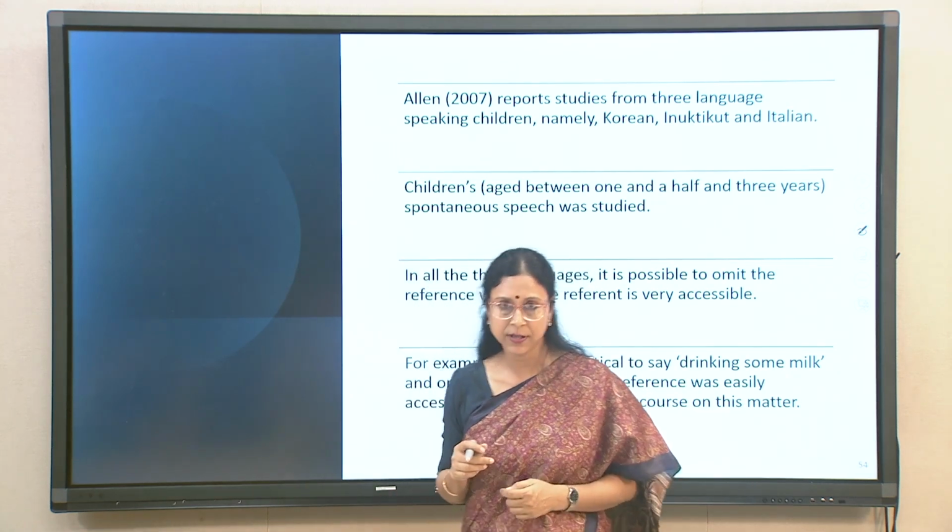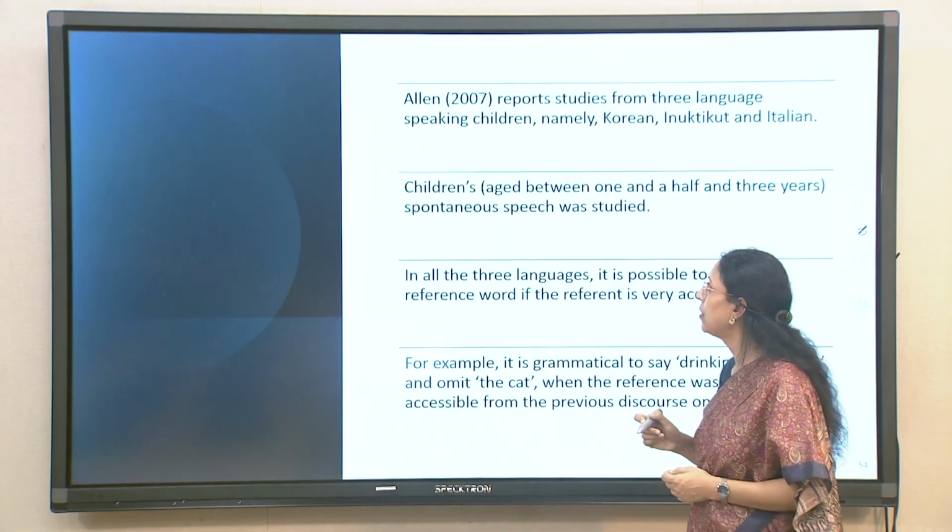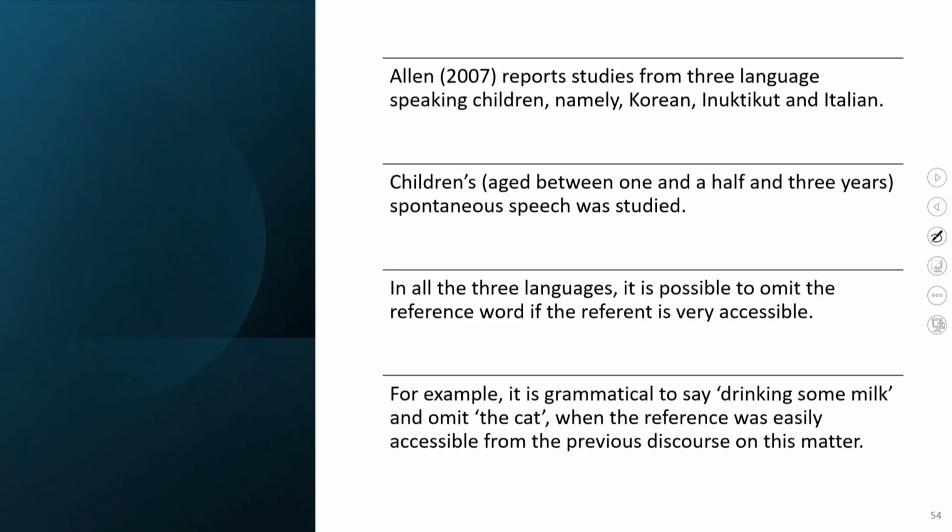For example, one particular study looked at this from 3 language groups: Korean, Inuktitut and Italian. Children aged between 1.5 and 3 years were the subjects for this, and their spontaneous speech was studied. In all the 3 languages, it is possible to omit the reference word if the referent is very accessible.